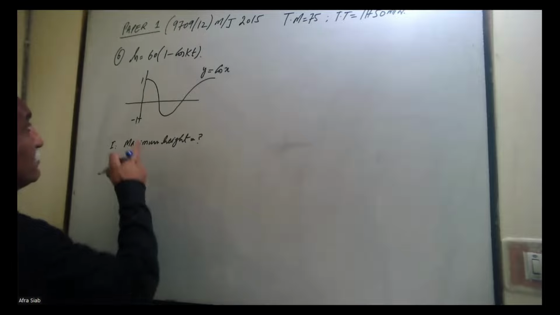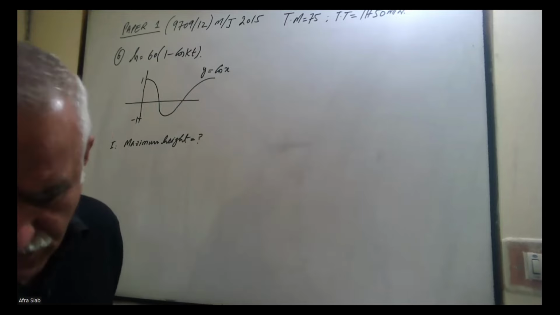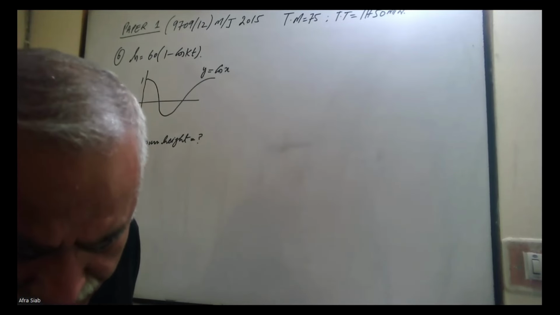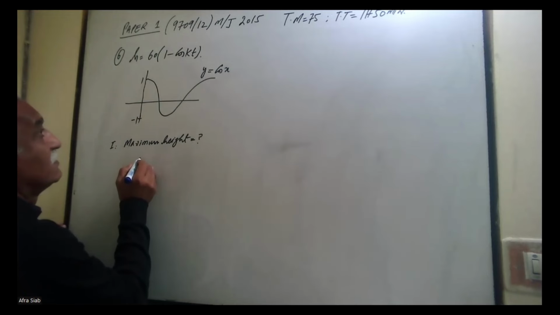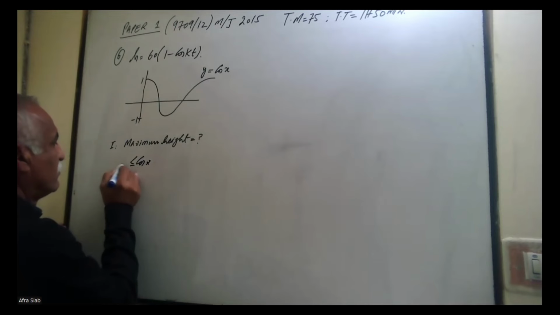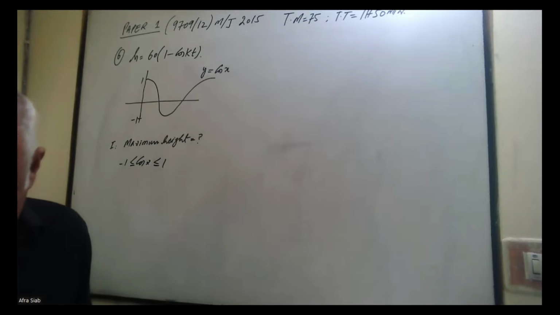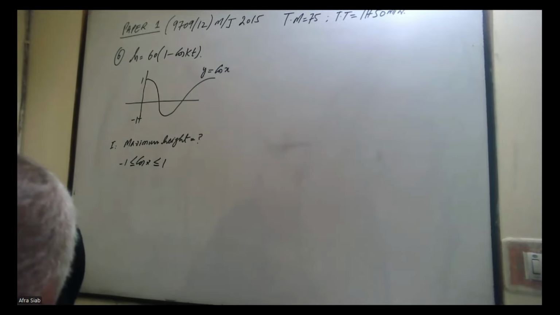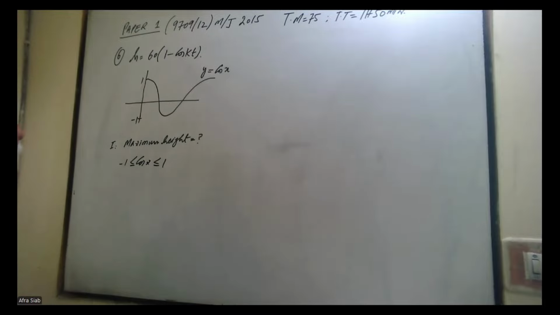So we know that this height can be used in the calculation. The cos range is basically from minus 1 till 1. So the cos value is between minus 1 and 1.